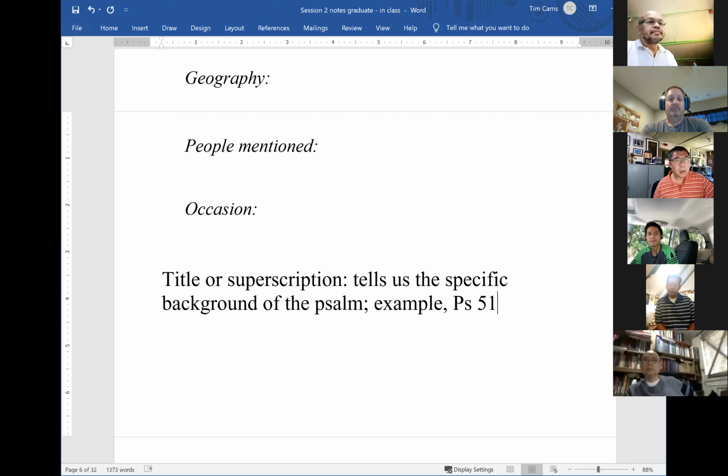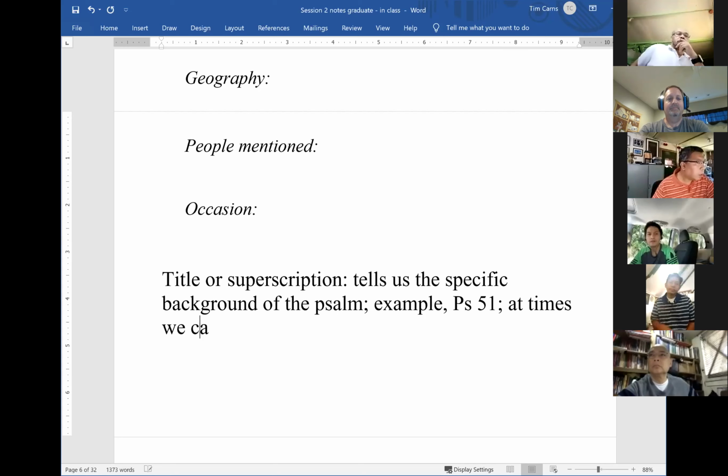Yes. And most of the time it points us to the passage, for example in Samuel, where we can read the story to give us the particular historical background of the psalm.